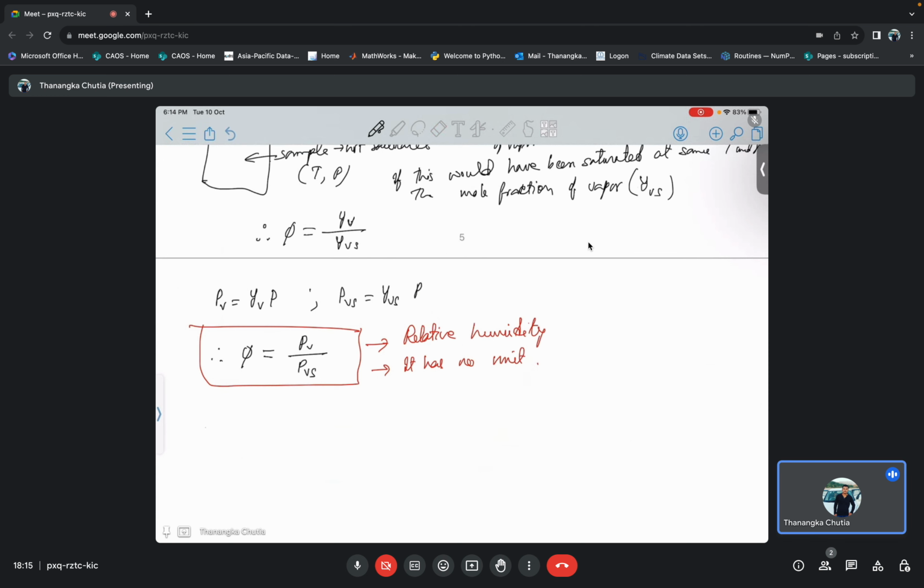Okay, the next parameter or property we need to know is the degree of saturation. So what is the degree of saturation?